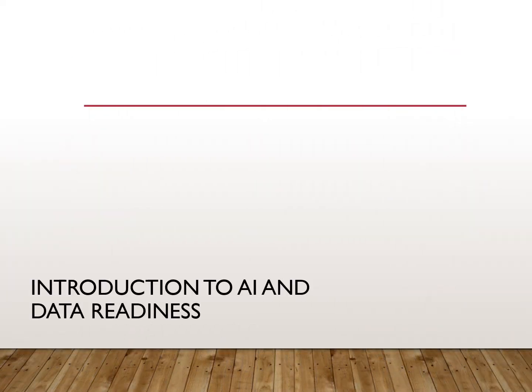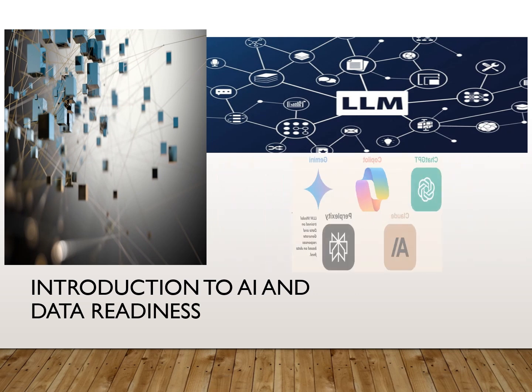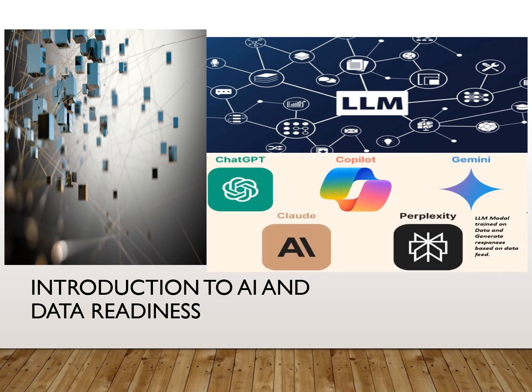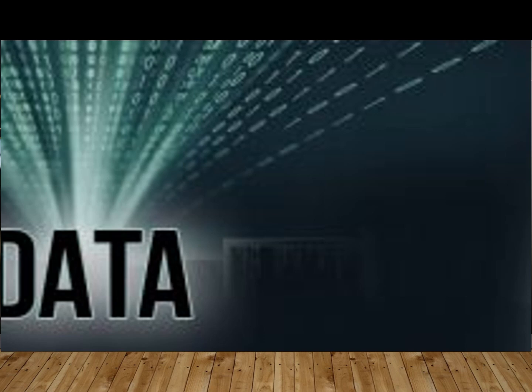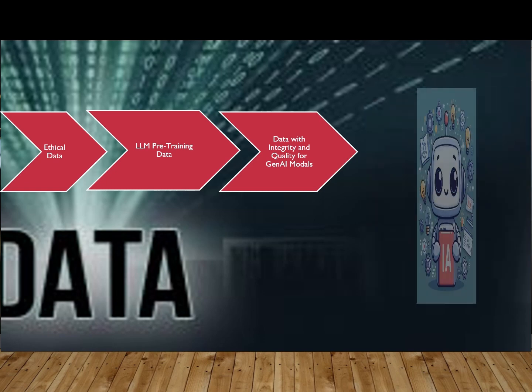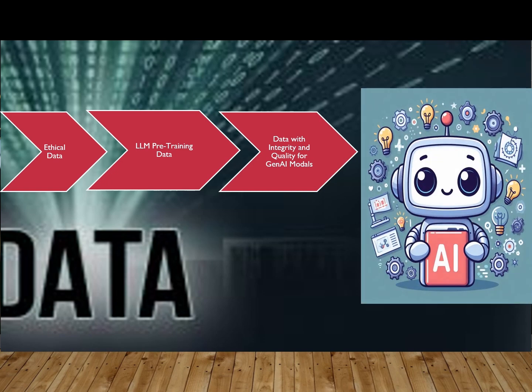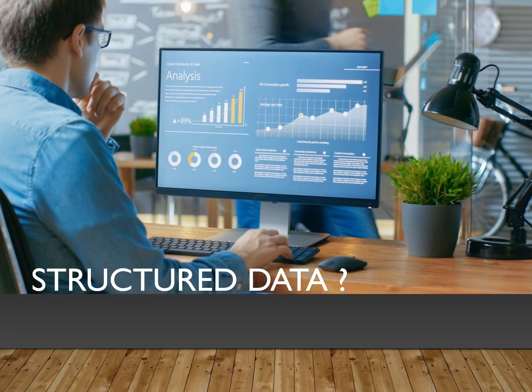As you can see, introduction to data readiness: we have all the LLM models, all the foundational models like ChatGPT, Copilot, Gemini, Claude, Perplexity. All these models have been trained on training data. So what is basic AI-ready data? Ethical data to train the LLM model or any AI system like AI agents, data with quality and integrity checks. Now, data can be structured or unstructured.